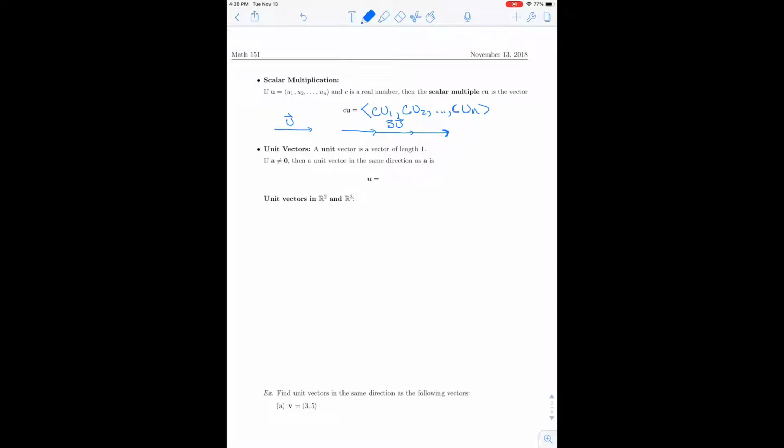Now that we understand scalar multiplication, we can talk about unit vectors. Unit vectors are vectors that have length 1. And unit vectors will be important all throughout multivariable calculus.